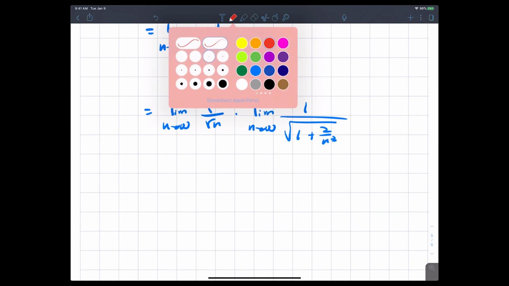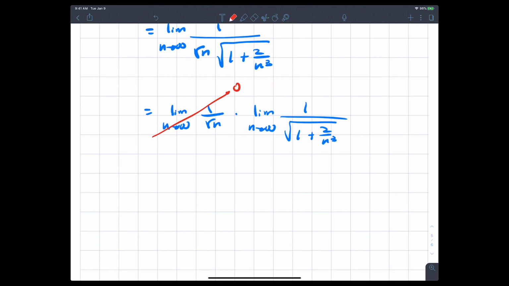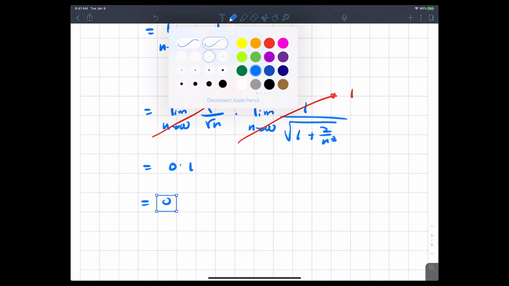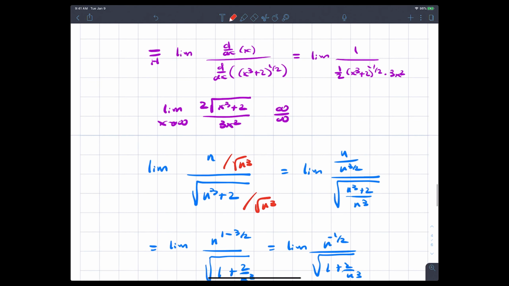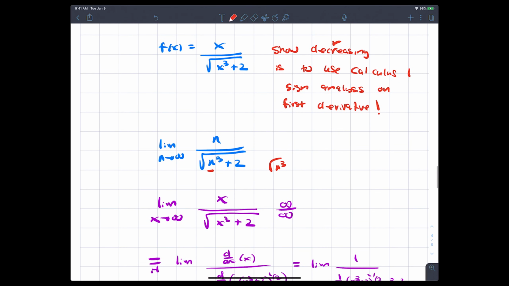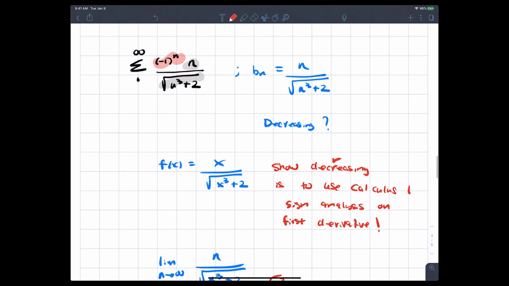So that this portion here we know is 0, and this portion is 1. So what we have here is 0 times 1, and we've shown that that limit is actually 0 as well. So since it's decreasing and the limit is 0, okay, we can say by the alternating series test, we have convergence.